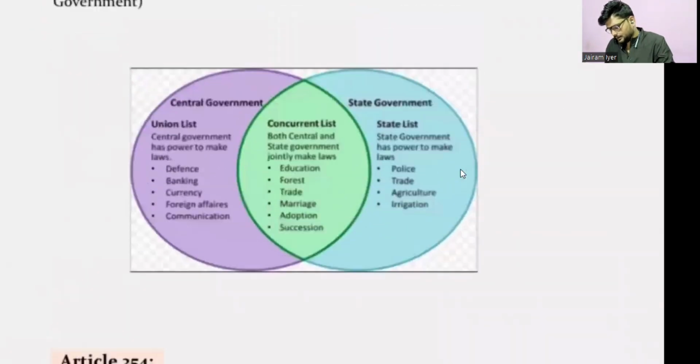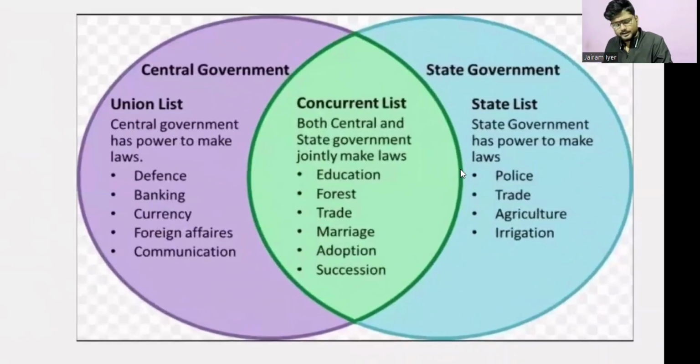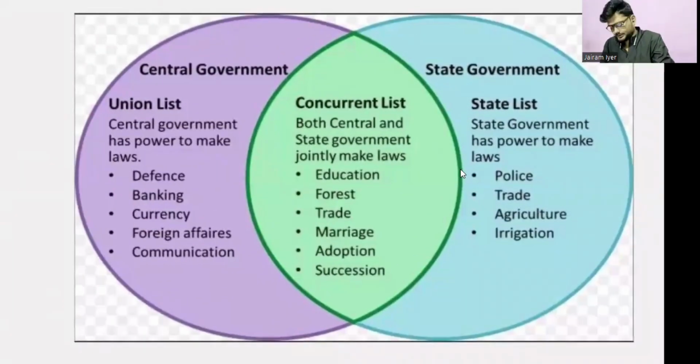Okay, now let's see a quick example of what the union list, concurrent list, and state list suggest. Union list: the central government has the power to make laws relating to defense, banking, currency, foreign affairs, communication, and many more. State list: the state government has the power to make laws on police, trade, agriculture, irrigation, and many more. But what about the concurrent list?